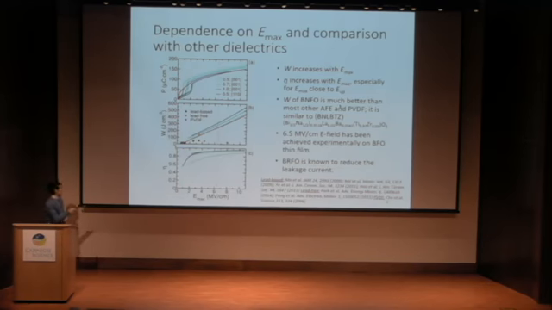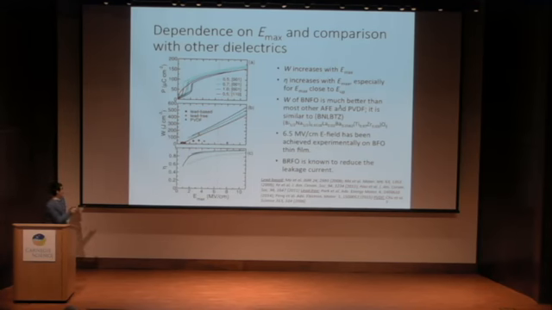As expected, the energy density increases with Emax. The efficiency also increases with Emax, but mostly for Emax that is close to E up, which is this antiferro to ferro transition critical field.